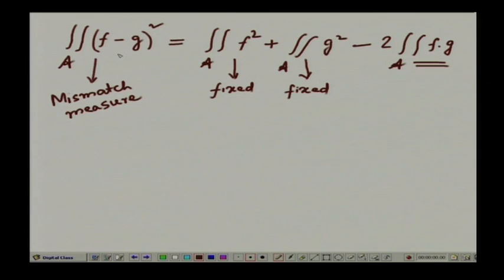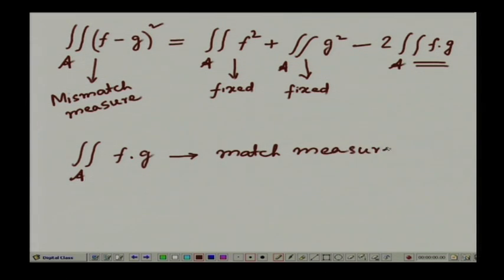So, when the double integration of (f minus g) squared is taken as the measure of mismatch, we can take the double integration of f into g over the given region A to be the match measure, or the similarity measure.